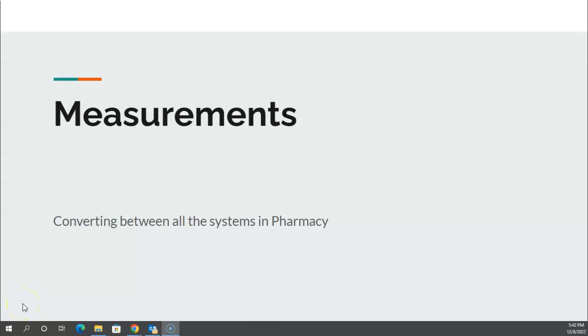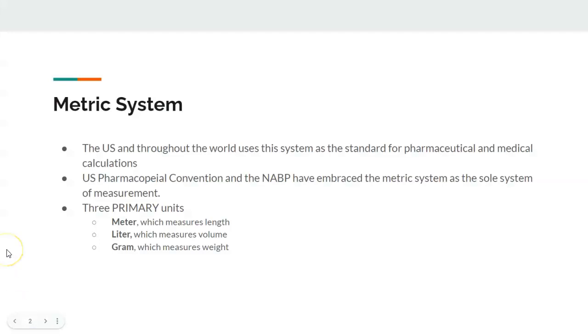Okay, so we're going to talk about measurement a little bit because in pharmacy, there's a lot of movement in converting between different systems. That being said, the metric system, in the US and throughout the world, is the standard for pharmaceutical and medical calculations.